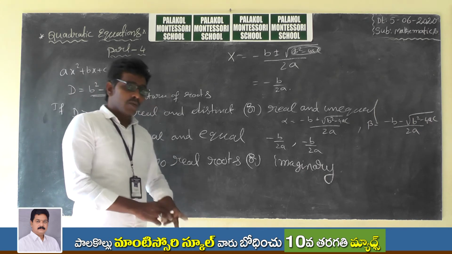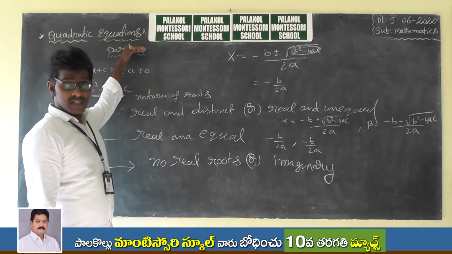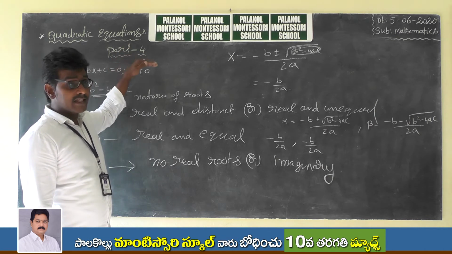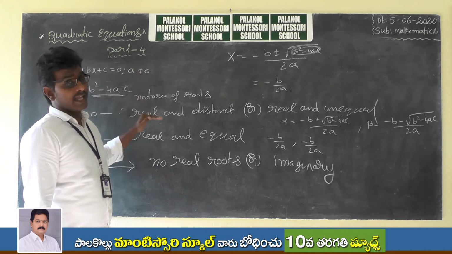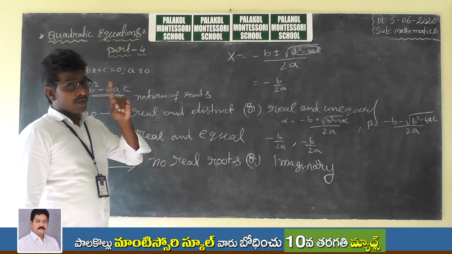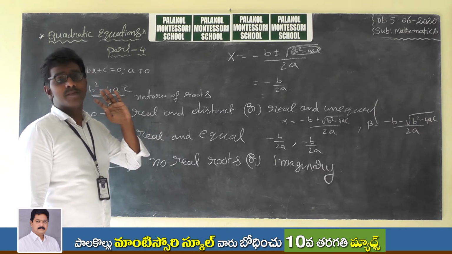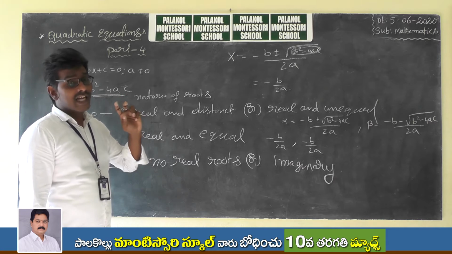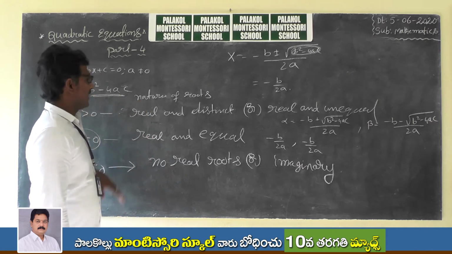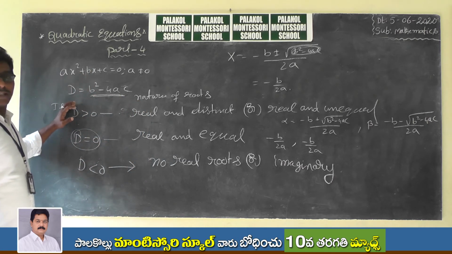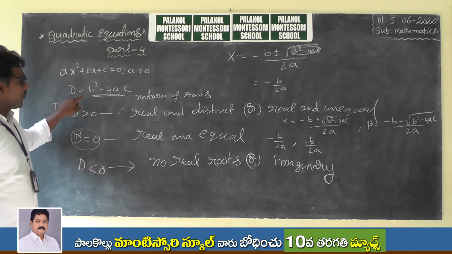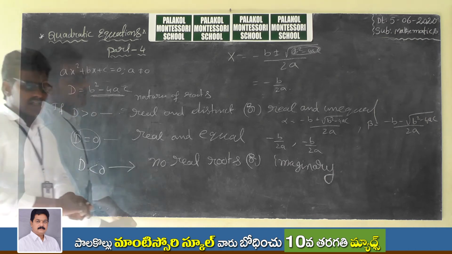Okay guys, so in this session I have completed the 8th subtopic and the 9th subtopic. One more subtopic remains, which is the graphs of roots. It depends on the discriminant, b square minus 4ac.